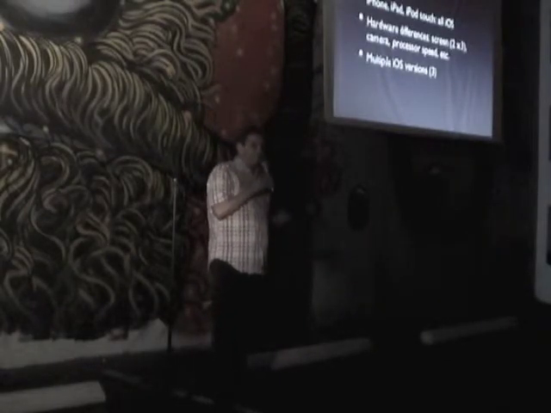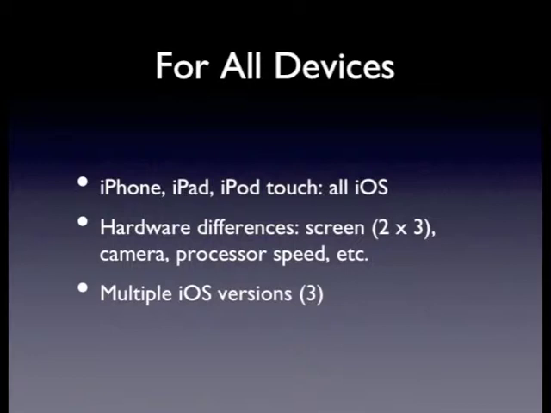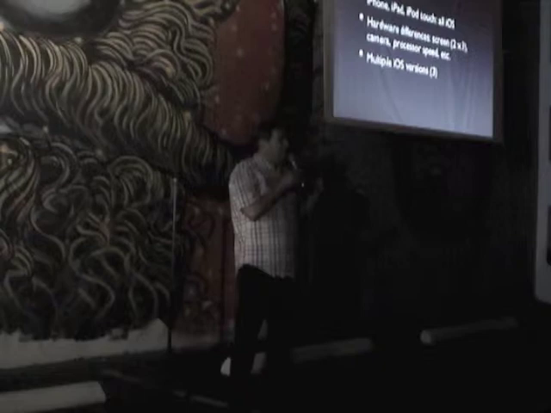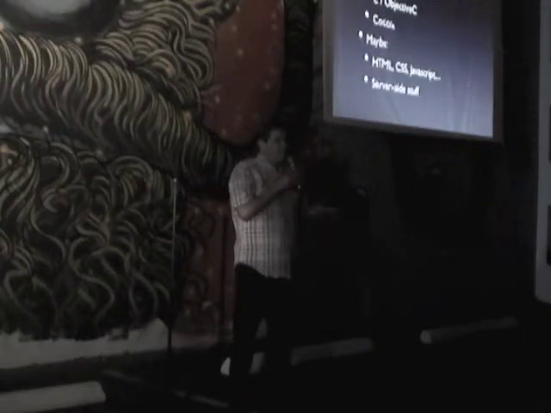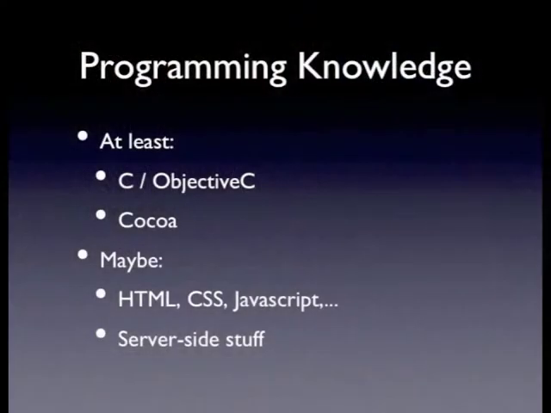What you get is the Xcode development environment and access to the documentation, etc. Then you can create applications that run on all the devices. You don't have to target them on all different kinds. It's just one. There are some little differences, but you get your way around that.